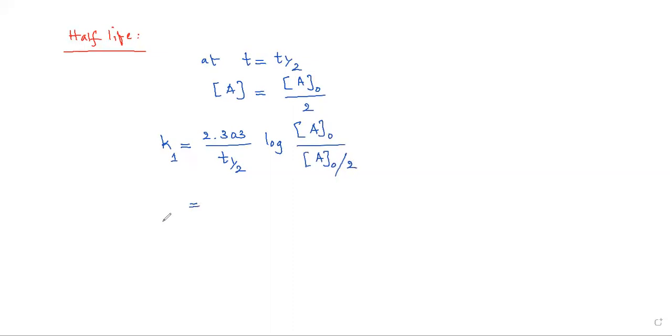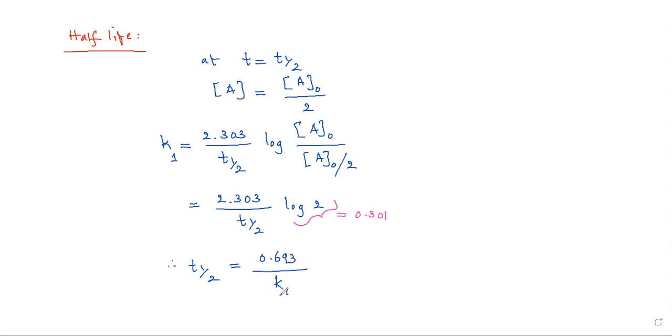Then this can be written as 2.303 by T half into this, of course, is log 2. You know, this log 2 is 0.3010. So from this, the final expression for T half can be written as, you know, 2.303 into 0.301 is 0.693 by K1.